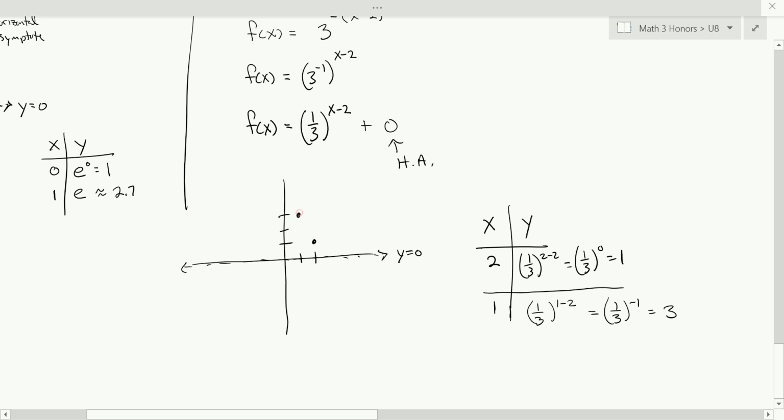And let's pick one more. What would be another good one? 0. What's it going to be when you plug in a 0? Good, 9.